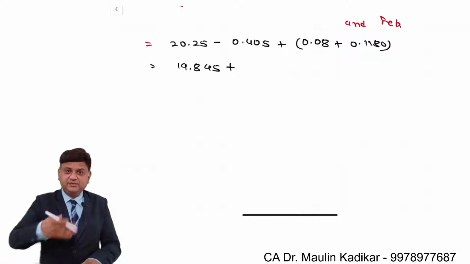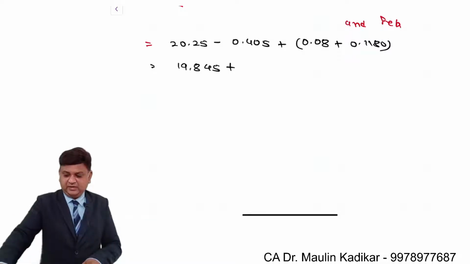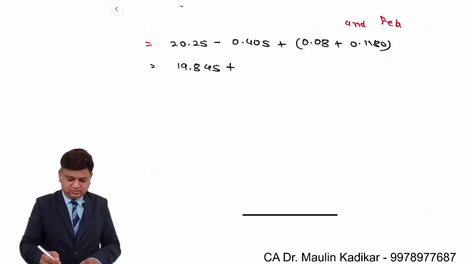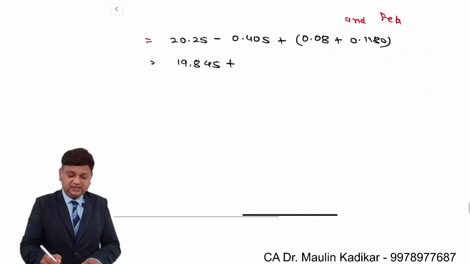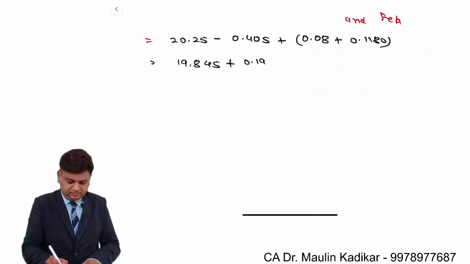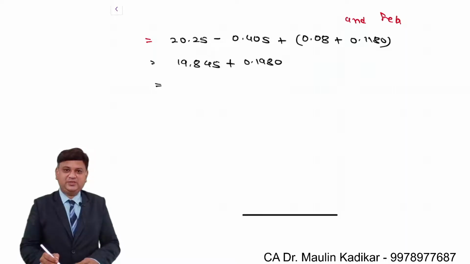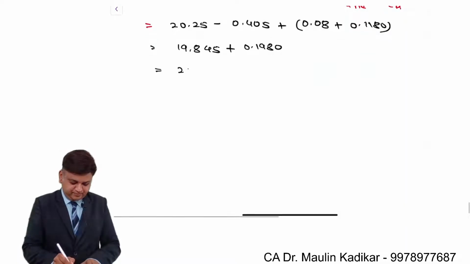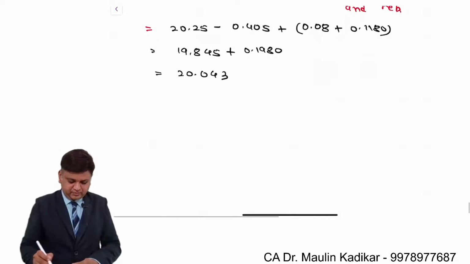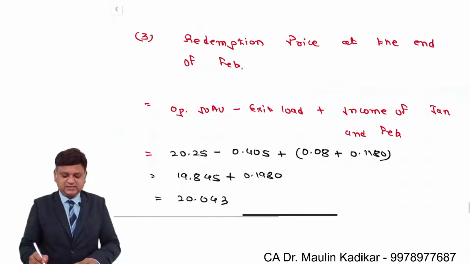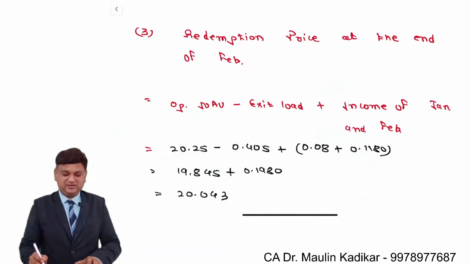This time it is a redemption, so we will redeem at a lower value. 0.08 plus 0.118, 0.1980. 19.845 plus 0.198, that is 20.043. This is the redemption price at the end of the February.